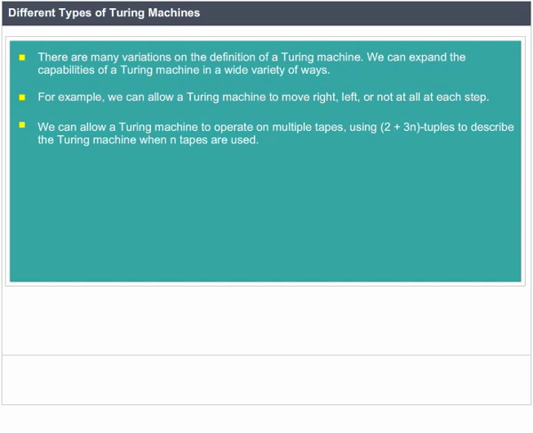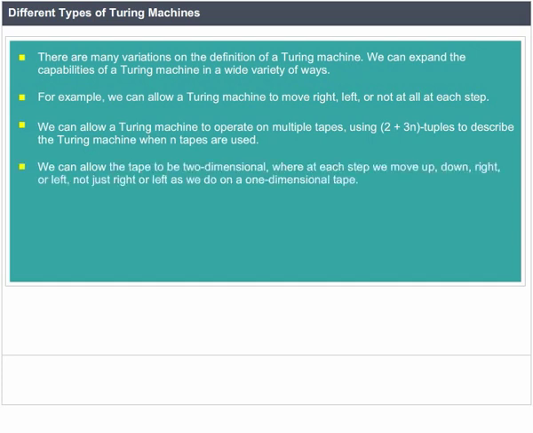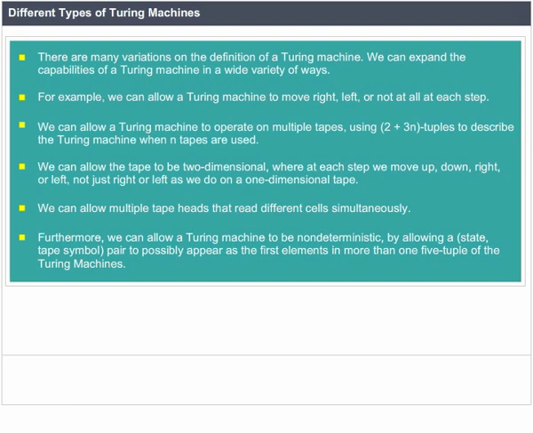We can allow the tape to be two-dimensional, where at each step we move up, down, right or left, not just right or left as we do on a one-dimensional tape. We can allow multiple tape heads that read different cells simultaneously. Furthermore, we can allow a Turing machine to be non-deterministic by allowing a state-tape symbol pair to possibly appear as the first elements in more than one five-tuple of the Turing machine.